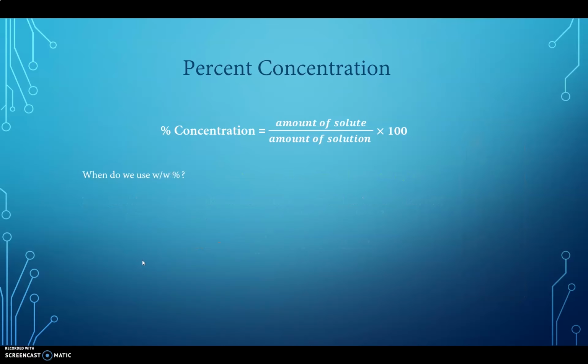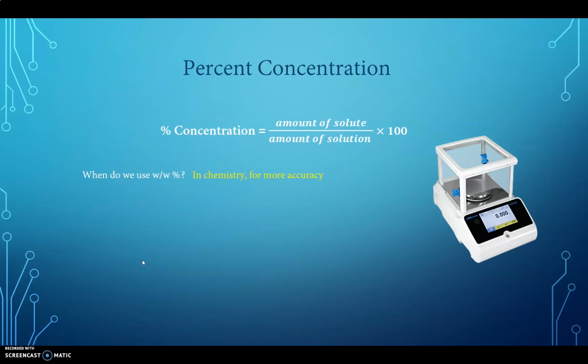Weight percents are really only commonly used in science. Chemists use weight percent for a very simple reason. They're accurate. If I wanted to measure out 100 milliliters of water, I know the density of water is 1 gram per milliliter, so I could measure out that 100 milliliters in a graduated cylinder, and I might be able to get it to within a tenth of a milliliter.